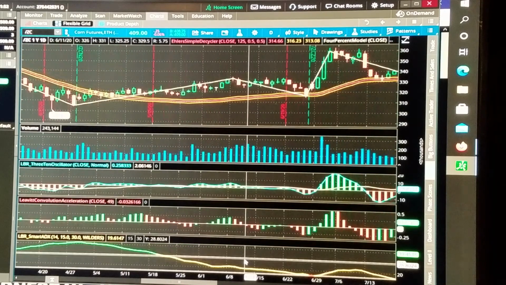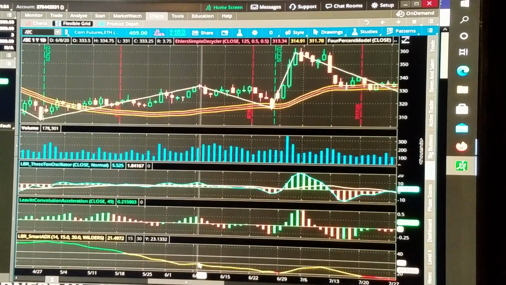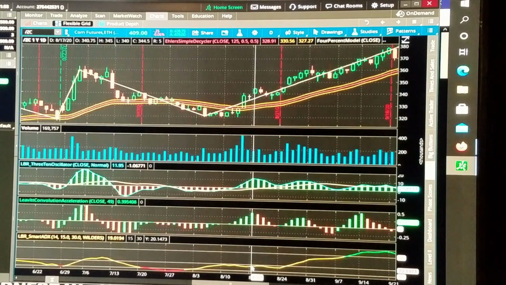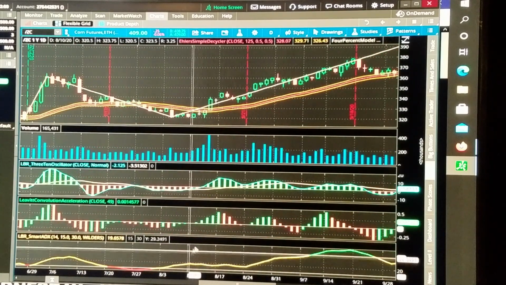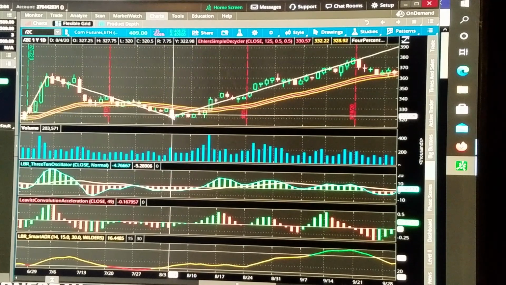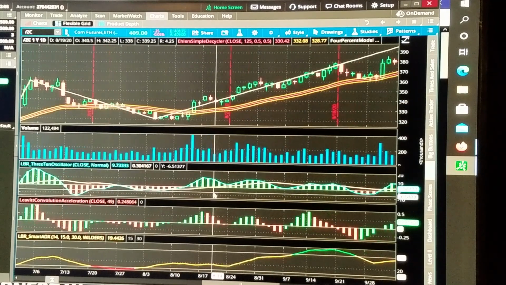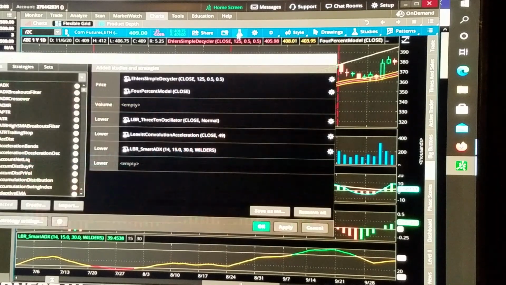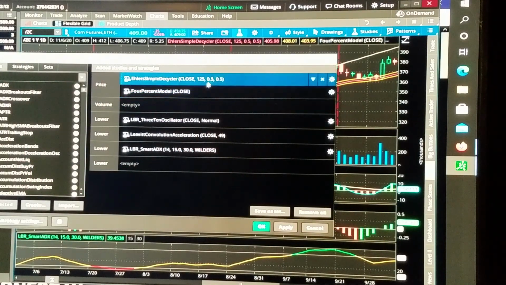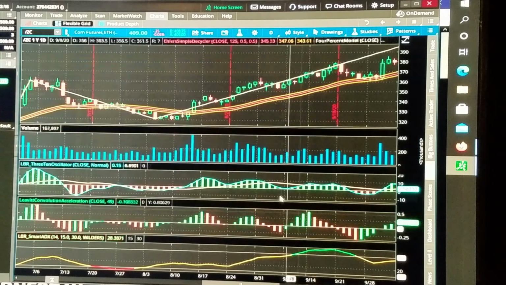Green, yellow. Red, yellow. And then this little pivot here, this high and low, which I have defined to define the high and the low, I believe. But that's the 4% model. That's the one that's working there. Okay.